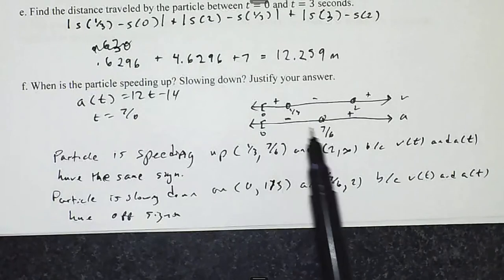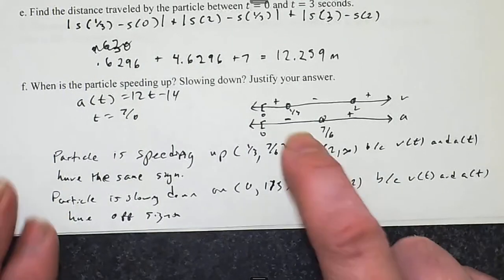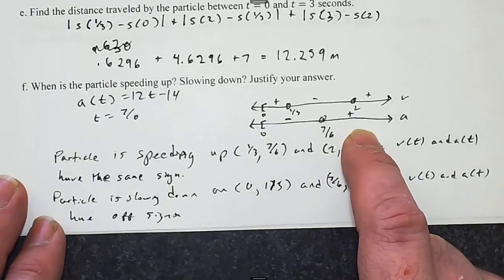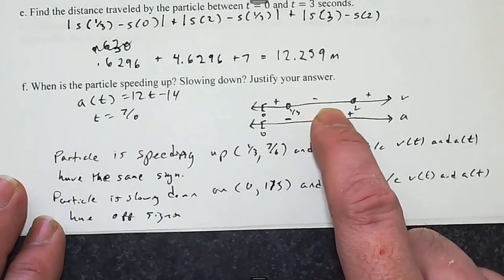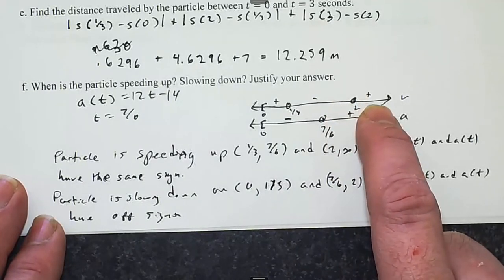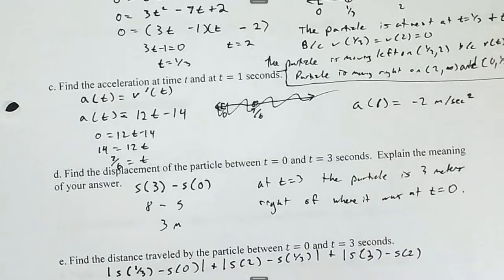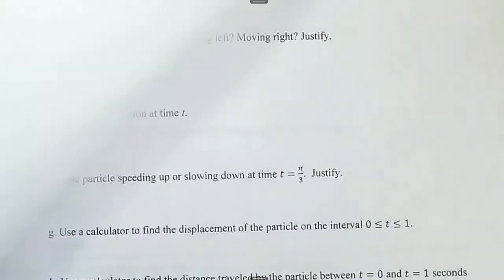See, this is a situation where acceleration is not constant. And so we see that switch occur here, which then causes this slowdown to occur, which then switches again to now they're going in the same direction again. And then they start speeding up.